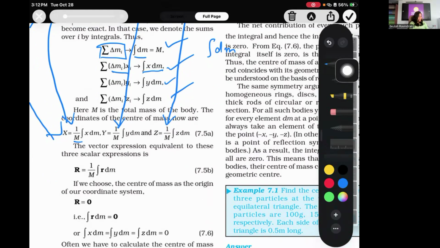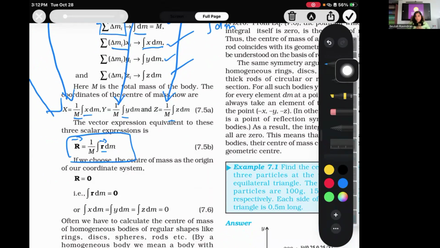And then in vector form also, in place of x, y, z, it is capital R vector, and in place of small x, y, z, it is small r vector. You know that summation over the product of Mi into xi will be 0. If the numerator is 0, then all will be 0.